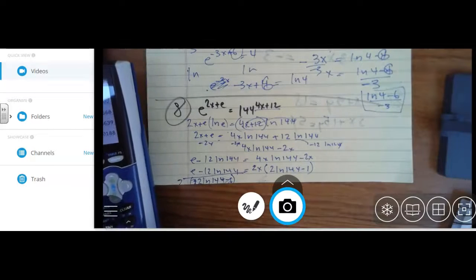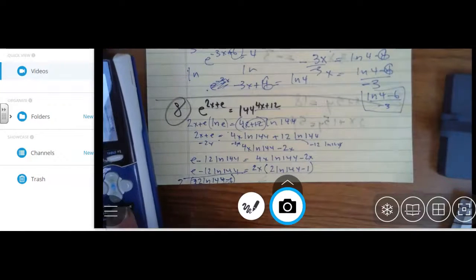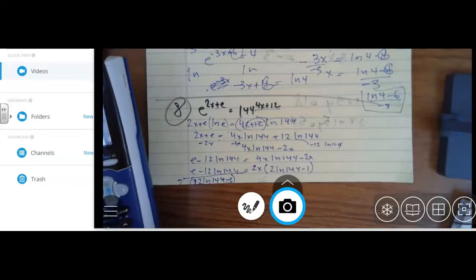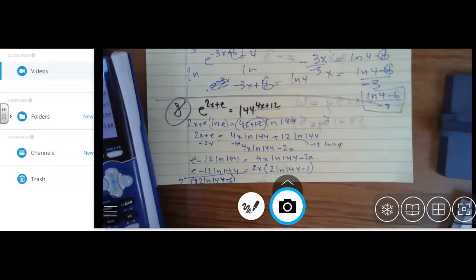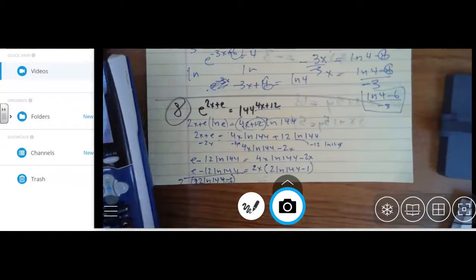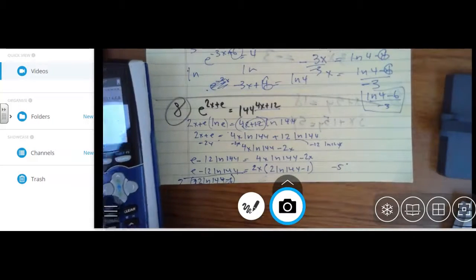That would be e minus 12 ln 144 equals that. It's about negative 56 and change. I'm going to leave it in my calculator and just use it later.